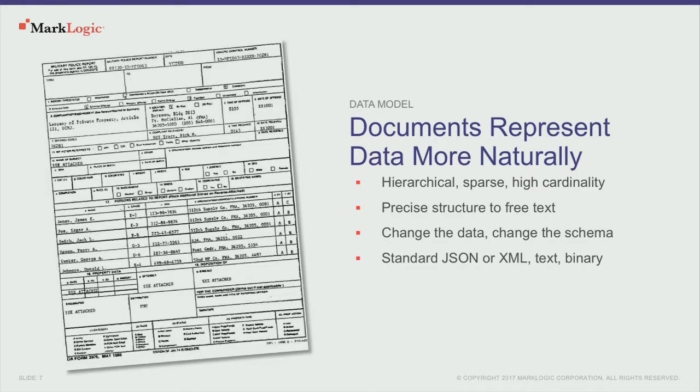So humans have been organizing data in documents since we've been writing things down. It's just a very natural way to organize data. And you can see, without even knowing what the specific data is on that form, how it's organized. You can tell that it's got labels and values. It's got different cardinalities and different hierarchical meanings. It's got some pre-filled in, some things that you can put in yourself.